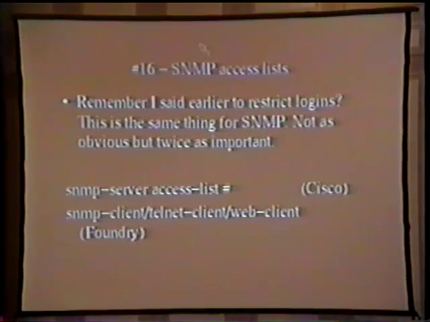Okay, the next one, number 16, is SNMP access list. If you remember a bit earlier, I said that you would want to restrict a login into your device to only come from the management stations, not from just any device on the network. This is basically the same thing for SNMP, so that your device only accepts SNMP from a legitimate management station. Now, of course, you can still have a spoofing problem. This does at least raise the bar.